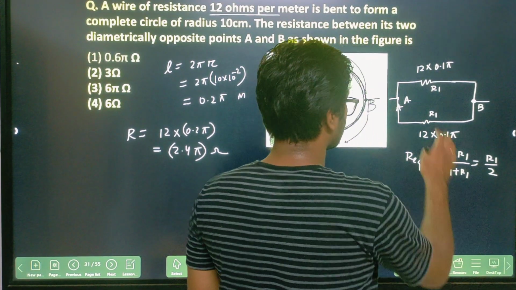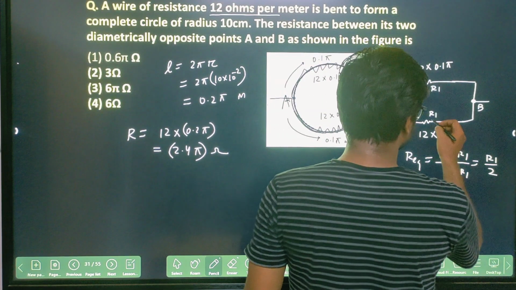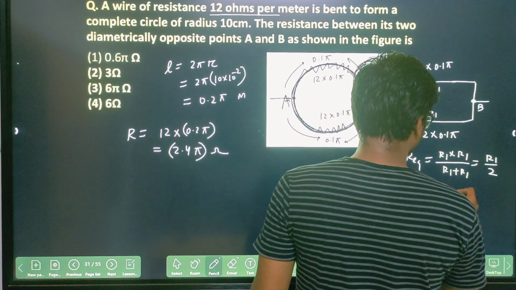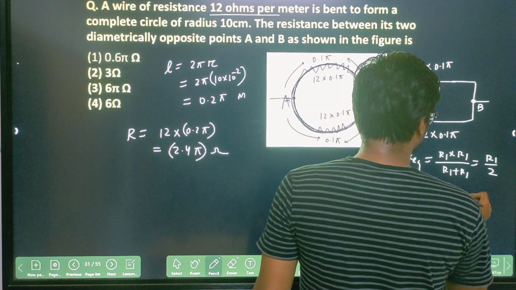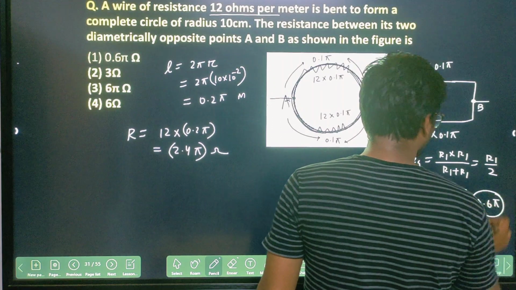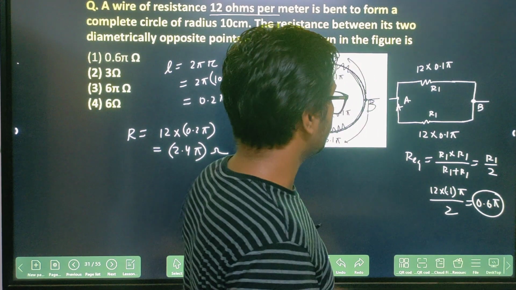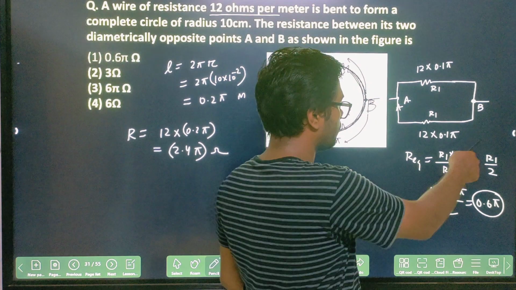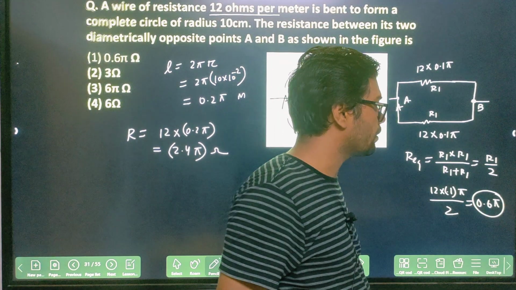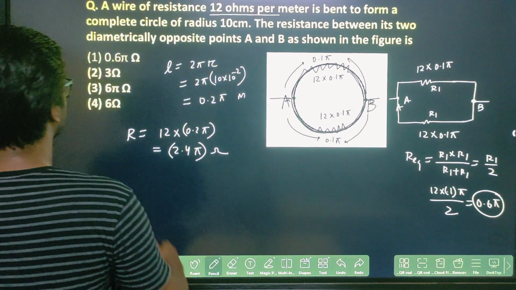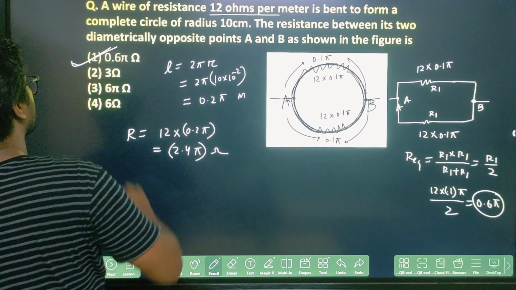R1 is 12 into 0.1 pi, so this will be 12 into 0.1 pi divided by 2, which is 0.6 pi. So you check the options. Option number 1 will be correct, right?